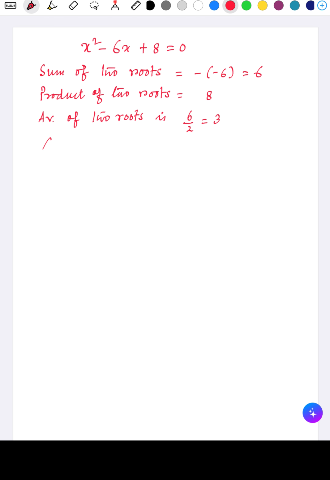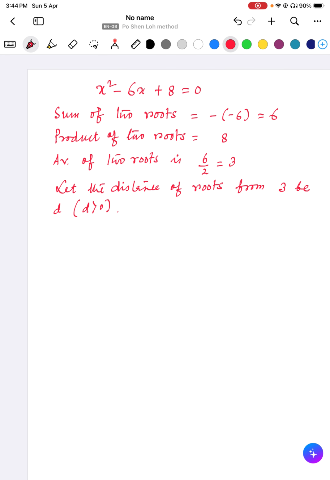So we write here, let the distance of roots from 3 be d. Hence, roots are 3 plus d and 3 minus d.